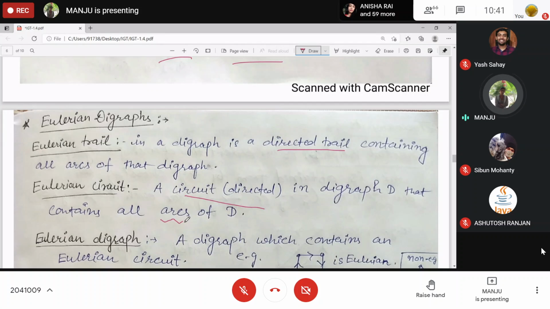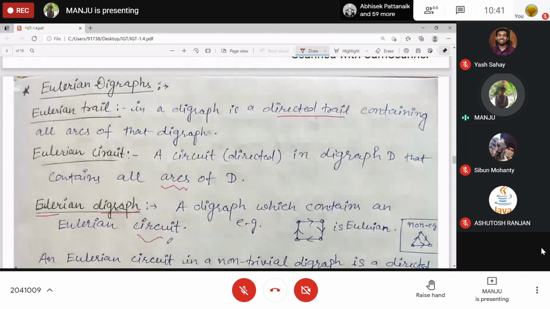Here we are just using arc, meaning directed edges, right? Clear? Now a digraph is Eulerian if it contains a circuit that contains all the arcs of this graph, or you can just say if it contains an Eulerian circuit.